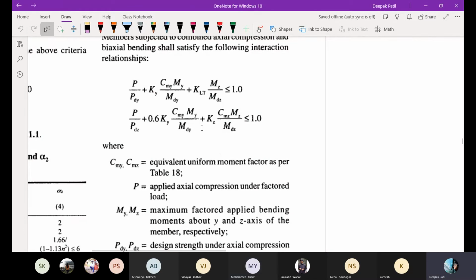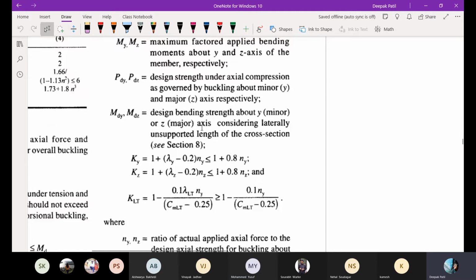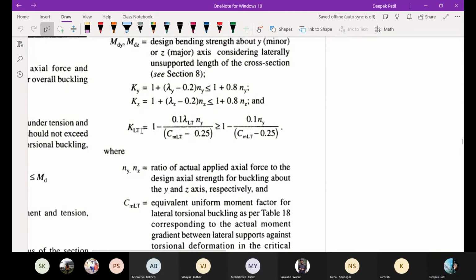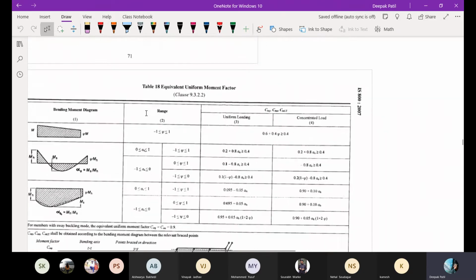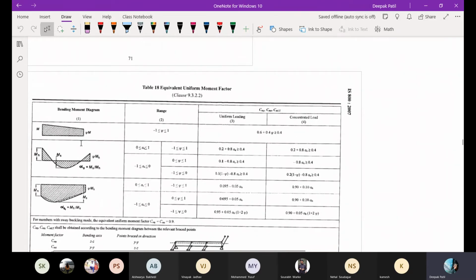Now to find out KY, KZ, they are given here. KY, KZ and KLT. Now how to calculate CMZ and CMY? You have to refer to this table. You can see here. Since ours is a uniform bending moment, it means the bending moment which you have applied on the column is uniform. It is not parabolic nor in any other shape.